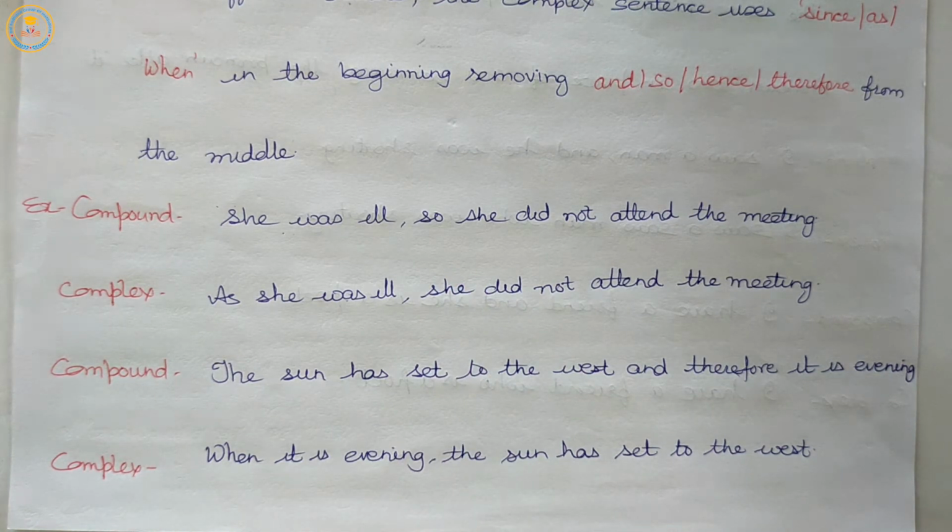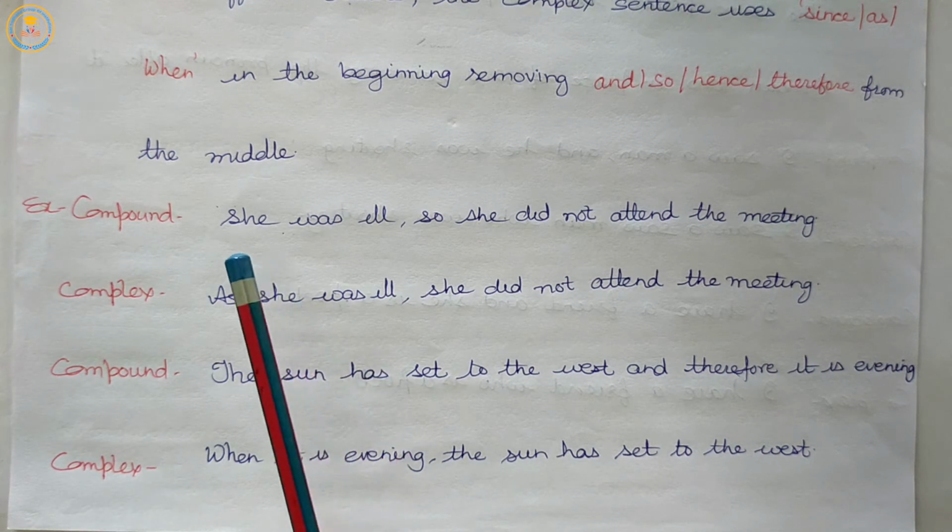So while transforming a compound sentence into a complex sentence, we will start our sentence with "when" if the compound sentence contains "and", "so", "hence", "therefore".